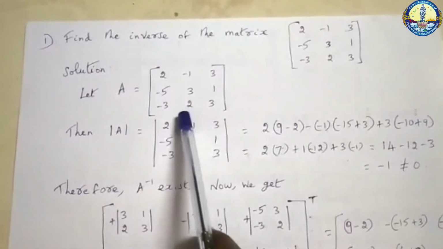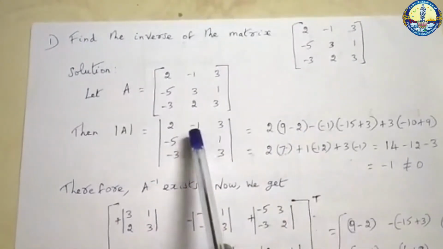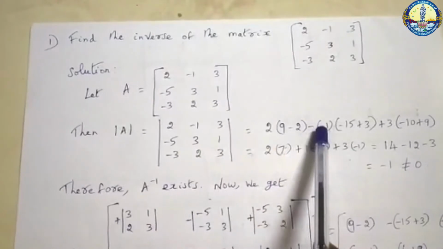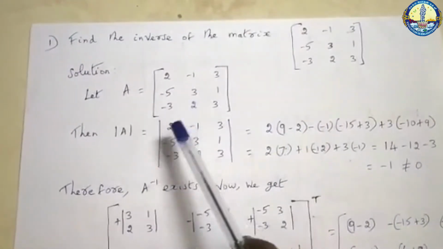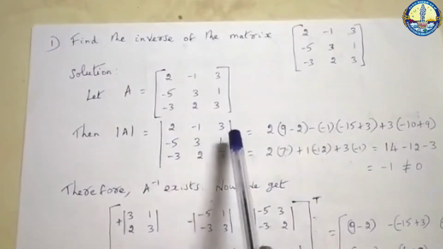Like that, for the second element we have to put a minus, and since one more minus is already in that number, put minus 1 into the cofactor of -1. Leave this element's row and column. So the cofactor of -1 uses -5, -3, 1, 3.